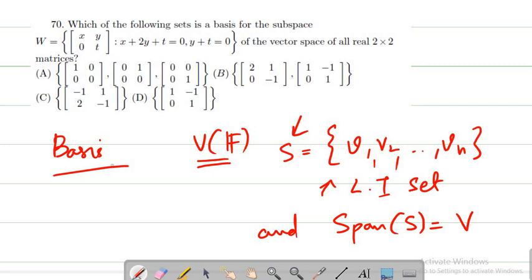I think in the previous lectures I have given you a small glimpse of the idea of a basis.